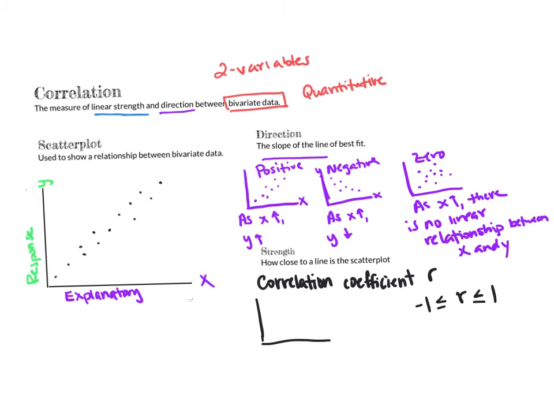So if it is -1, we call that perfect negative correlation. And it is a perfect negative line. If this is positive one, we call it perfect positive correlation.